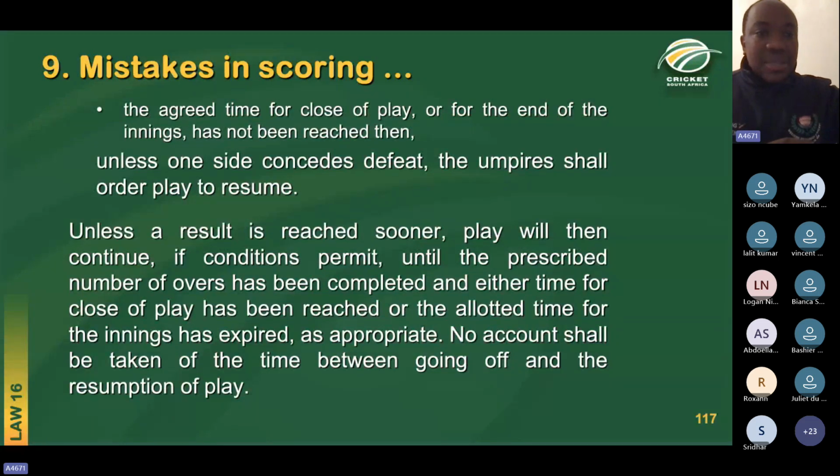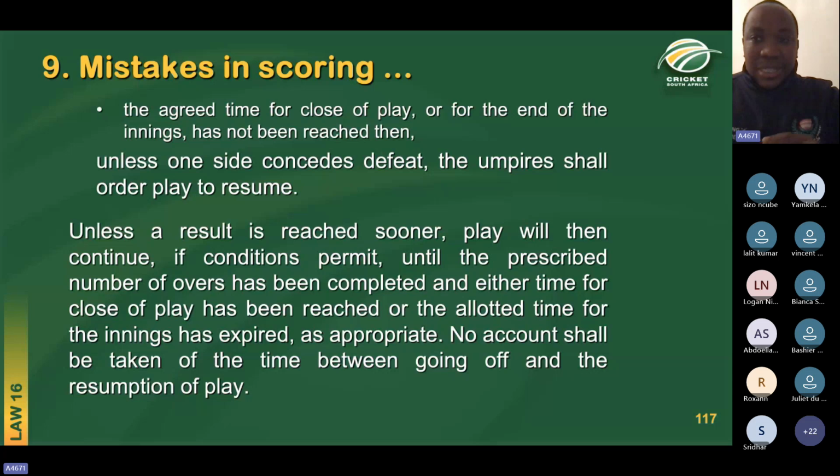Law goes on to tell us that unless a result is reached sooner, play will then continue until the prescribed number of overs has been completed and either time for close of play has been reached or the allotted time for the innings has expired. No account shall be taken of the time between going off the field and the resumption of play.